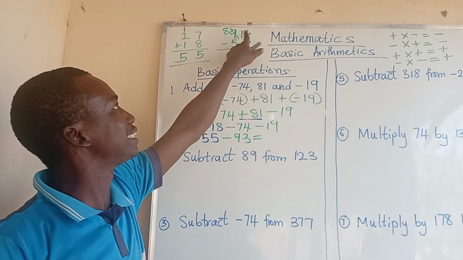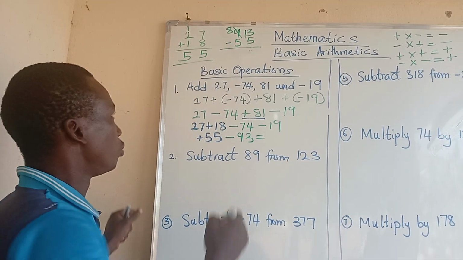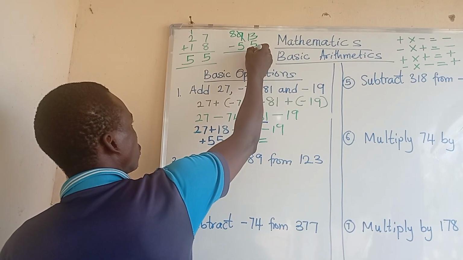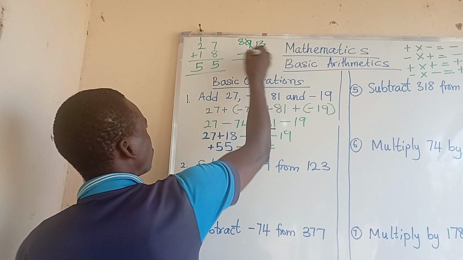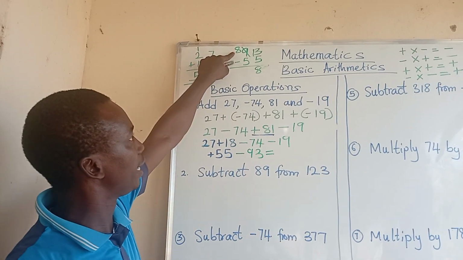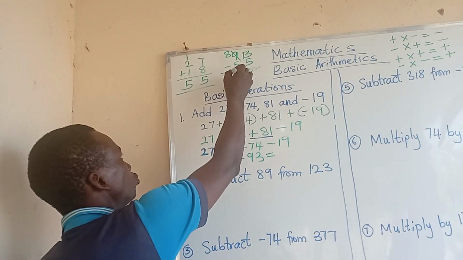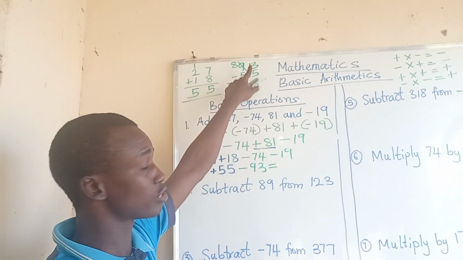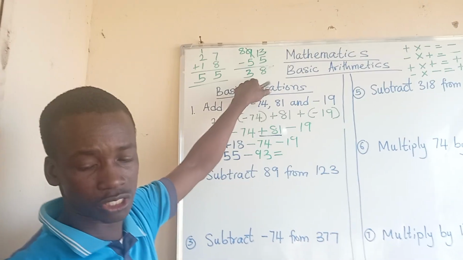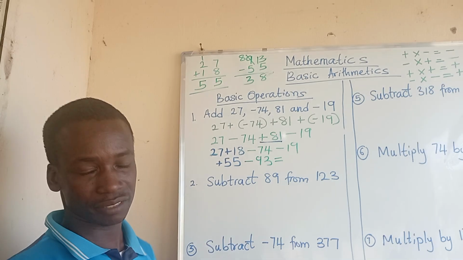So we can now say 13 minus 5, which will give us 7. Sorry, which will give us 8. And then we can now say 8 minus 5, which is going to give us 3. So that means this subtraction operation is going to give us 38.